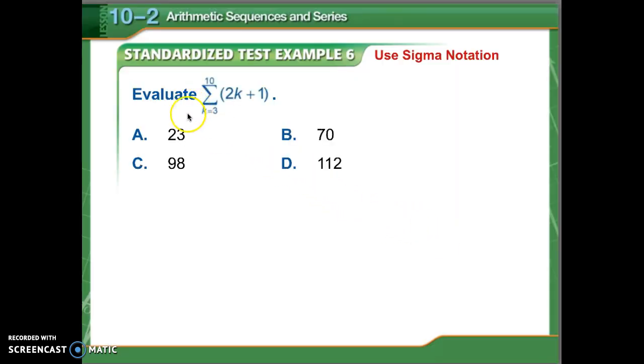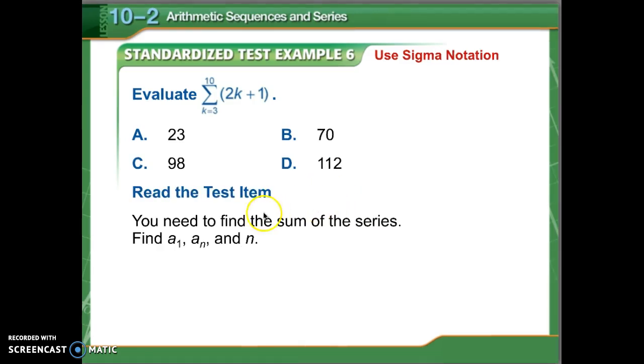So example 6, we need to evaluate the sum from k equals 3 to 10 of 2k plus 1. So our process for this, the first thing that we want to do is obviously read it. We need to find the sum of the series. So to do that, we're going to need to find the first term and the nth term and n.